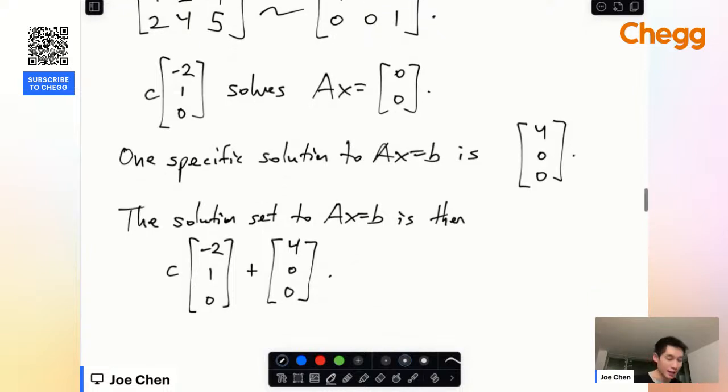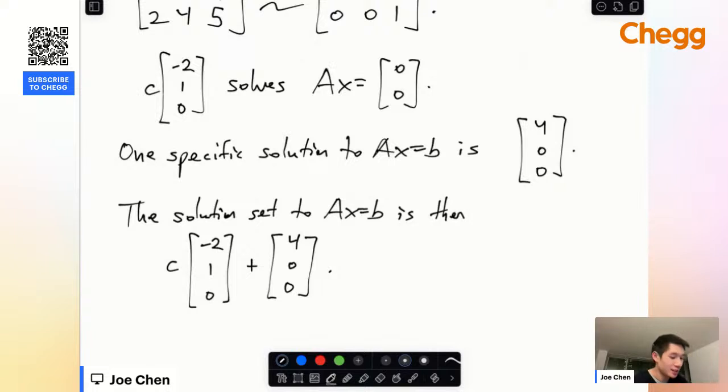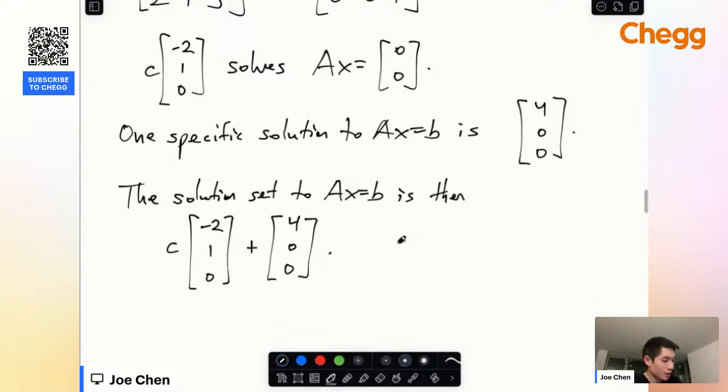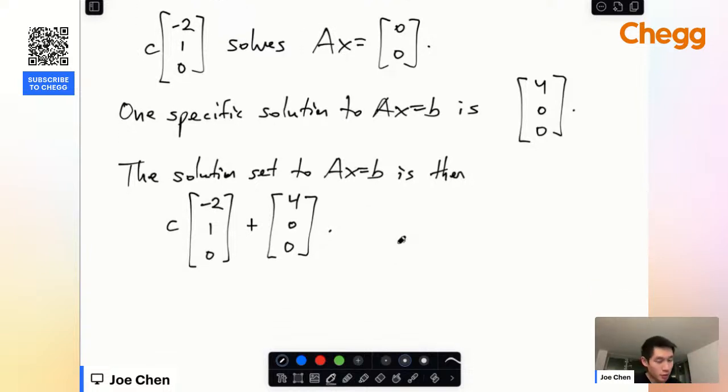Why did I want to highlight this? It's because it shows the relationship between the solutions to Ax equals b and Ax equals 0. And this is pretty special. The solution to Ax equals 0 is this line.